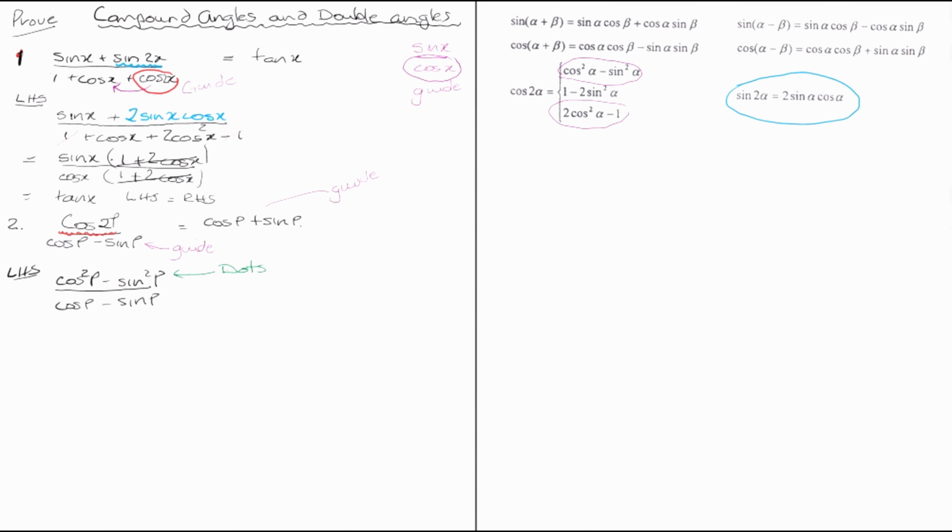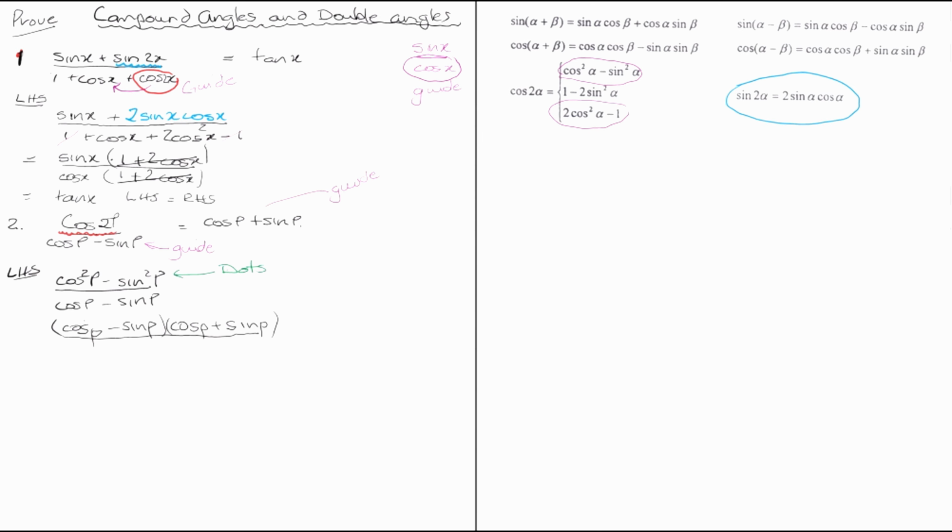So the numerator is going to be difference of 2 squares: cos p minus sin p, cos p plus sin p, which does have its own special name, not that you have to know it, but that is called a conjugate pair.